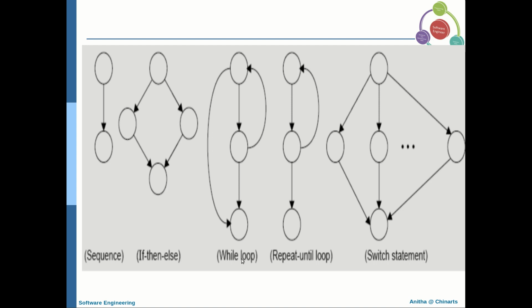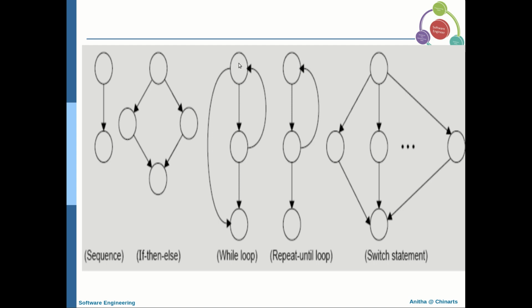And if you have a while loop, you test the condition. If the condition is true, it goes to the set of statements and they will be executed. This is the condition, the while condition you are going to specify.